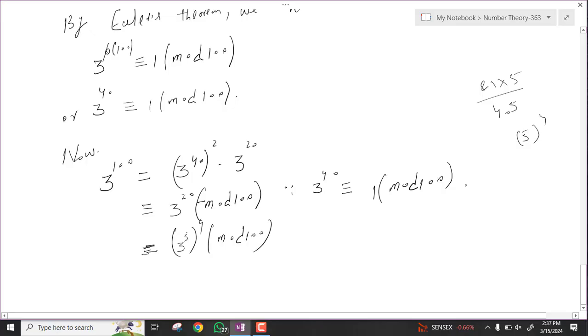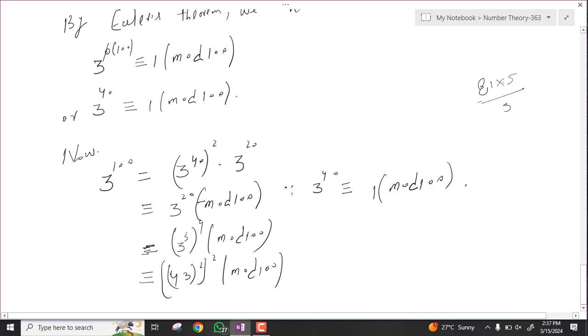Now I write 3 power 20 as 3 power 5 into 4 modulo 100, and this is congruent to 43 to the whole power 4. Let me explain how. 3 power 5 is 3 threes are 9, 9 nines are 81, into 5. 5 ones are 5, 5 eights are 40.